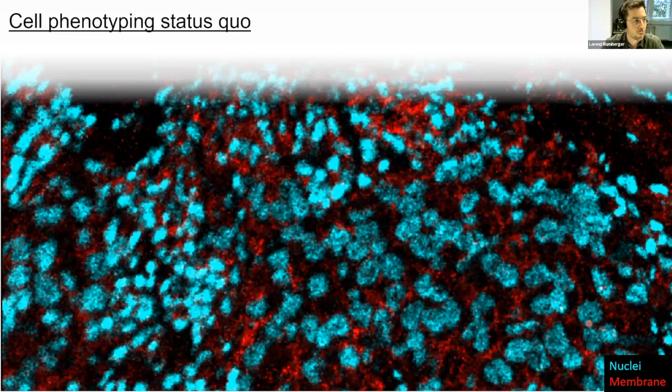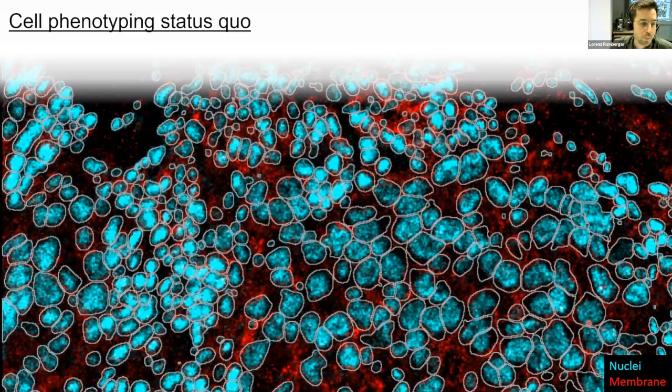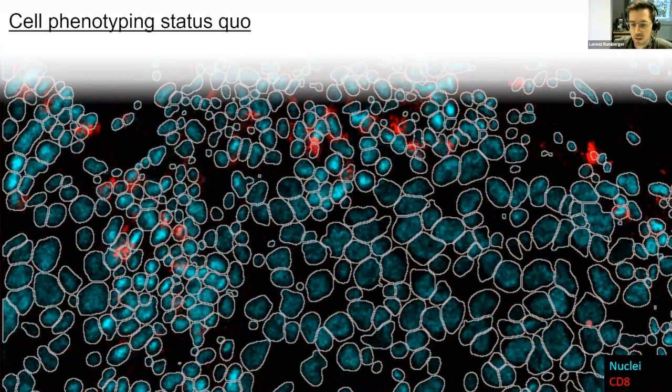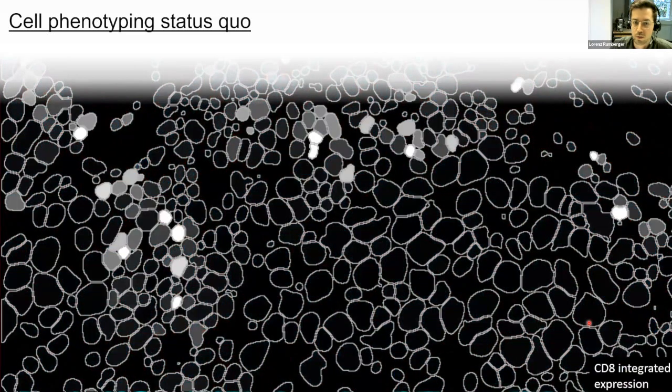So what's the status quo in cell phenotyping right now? As you heard in the last few talks, you take an image with a nuclei channel and several membrane channels, and then you apply a cell segmentation algorithm. Then you take a marker you're interested in, like CD8, and calculate for the segments the integrated expression, meaning the mean per cell expression.